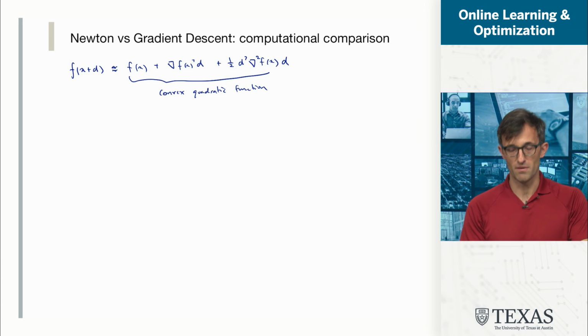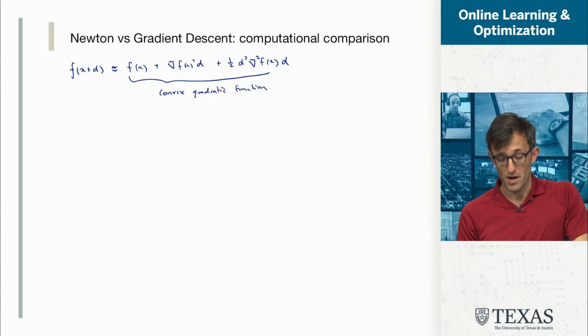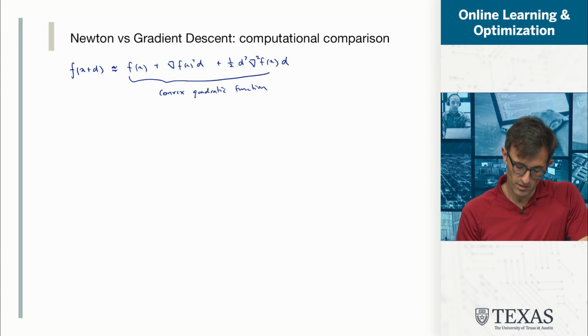I want to find the d that minimizes the right-hand side. This is just a convex quadratic. I can solve it directly. Let's take the derivative with respect to d, set it equal to 0, and solve for d.